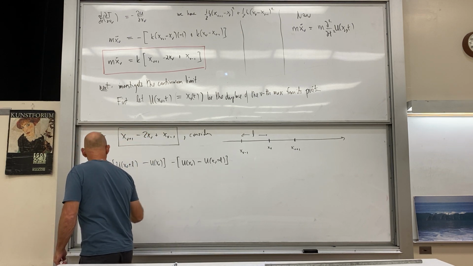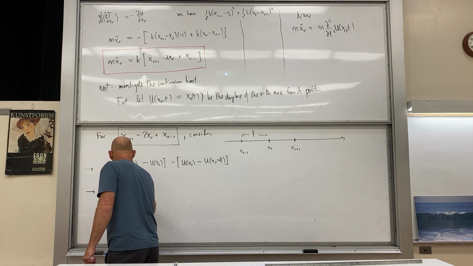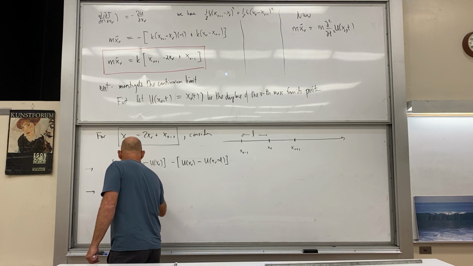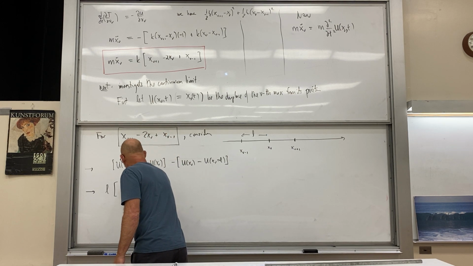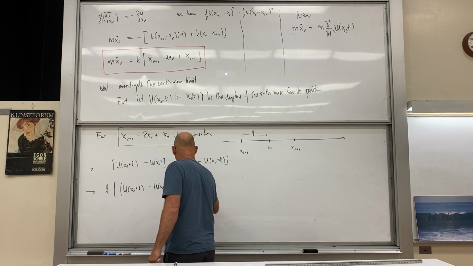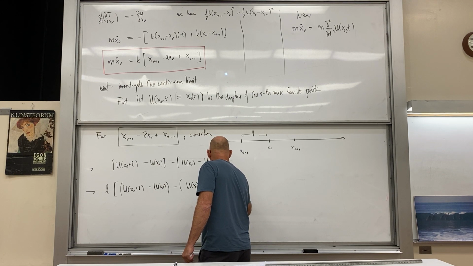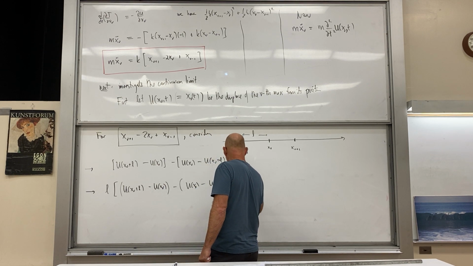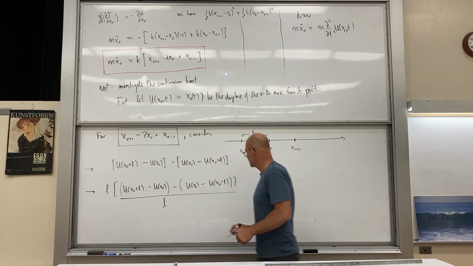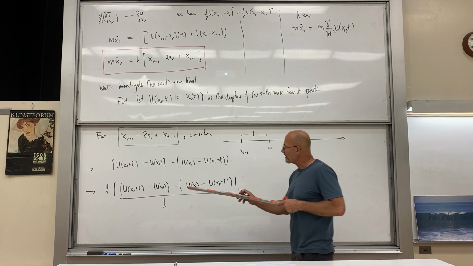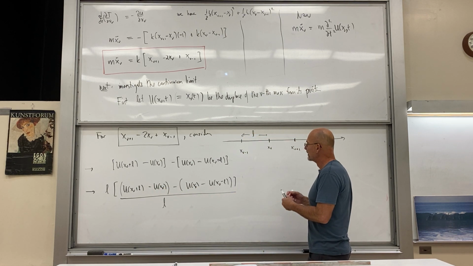Going to continue by taking L and writing this here again: u of x nu plus L minus u of x nu, minus u of x nu minus u of x nu minus L. So I haven't changed anything, but I'm multiplying and dividing by L. So now I seem to have a difference quotient, and let's go ahead and use red here.